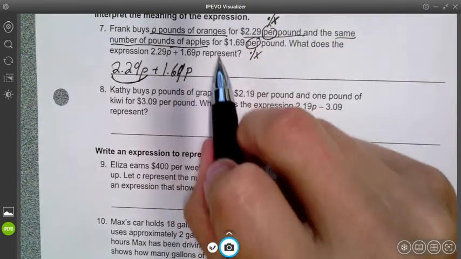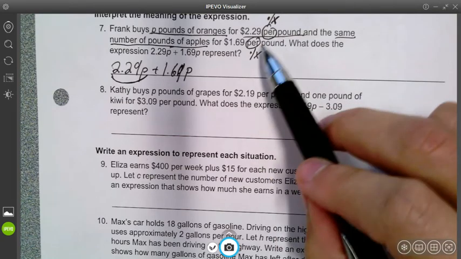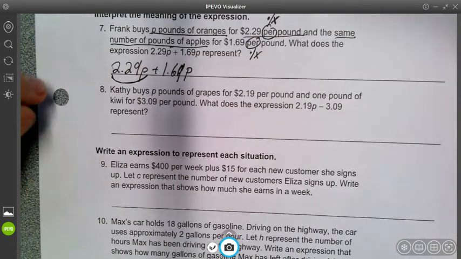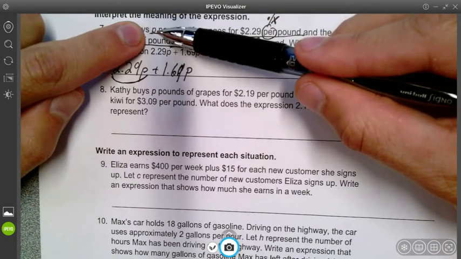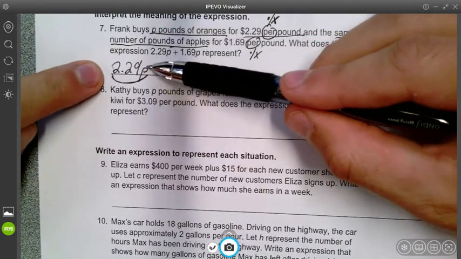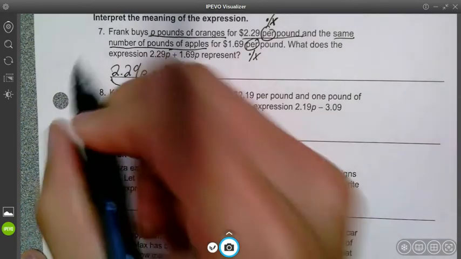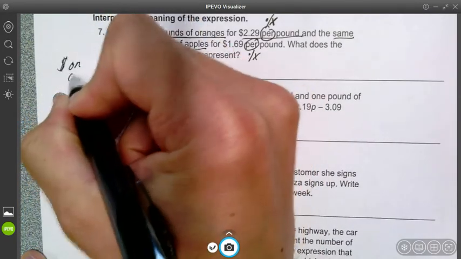Okay, so if I say that I bought 1 pound of oranges, I would pay $2.29 for 1 pound of oranges. But I didn't just buy 1 pound of oranges, I actually bought P pounds of oranges. So this 2.29 times P actually tells me the money I spent on oranges. So dollars on oranges.